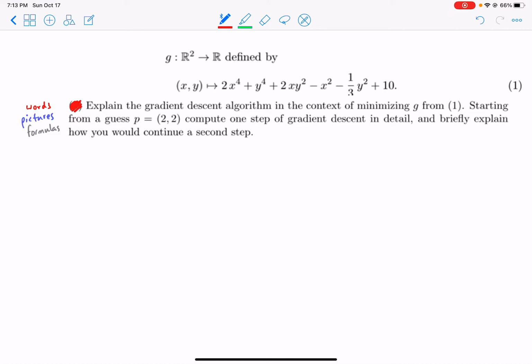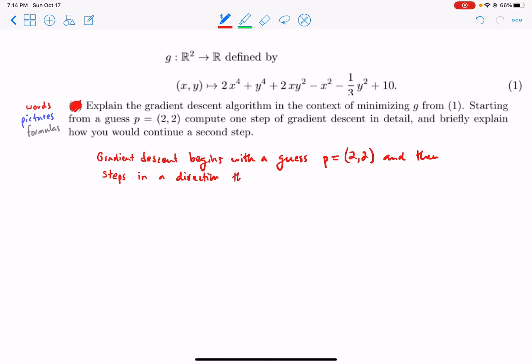So, gradient descent begins with a guess, P, and so in this case we've chosen a specific guess, and then steps in a direction that will give smaller values, that will find smaller values.